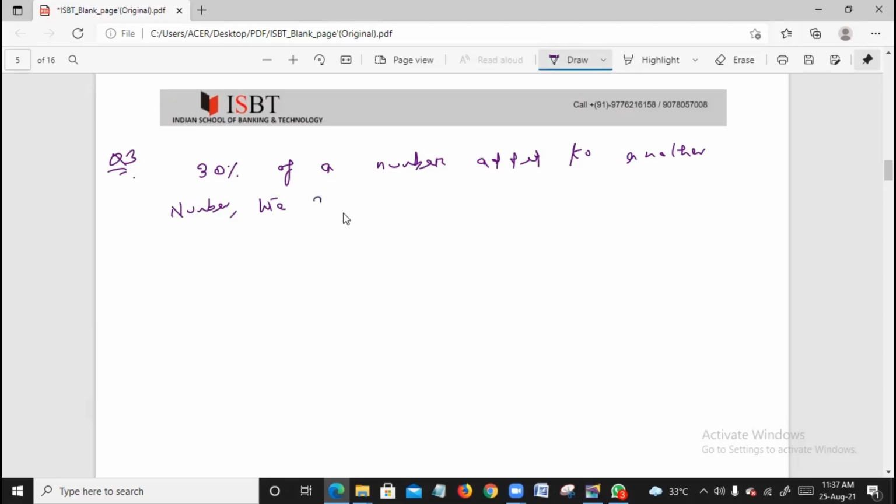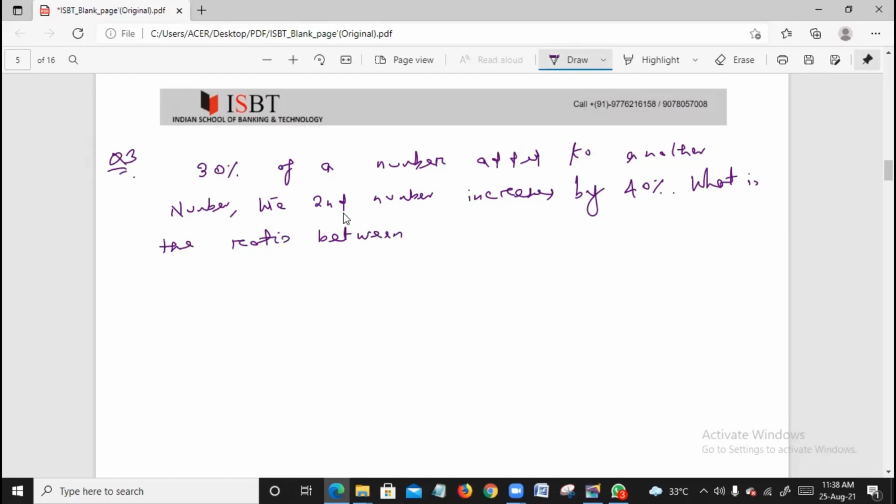The second number increases by 40%. Now the question is, what is the ratio between first to second number?